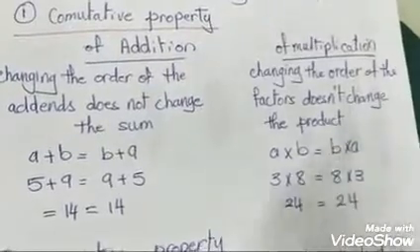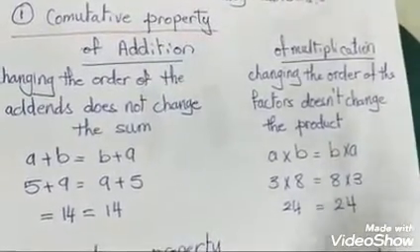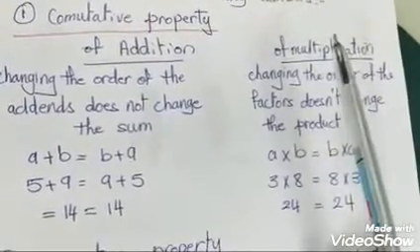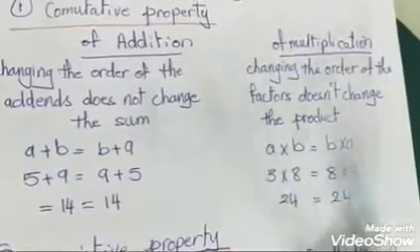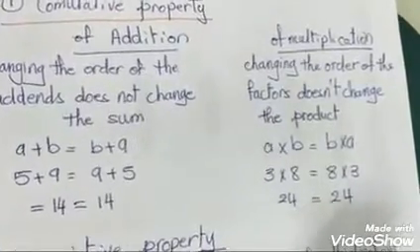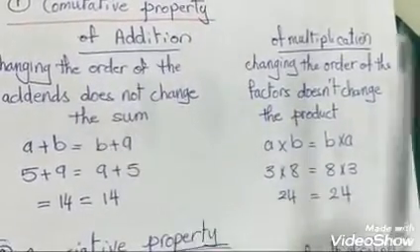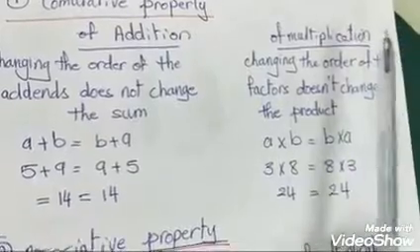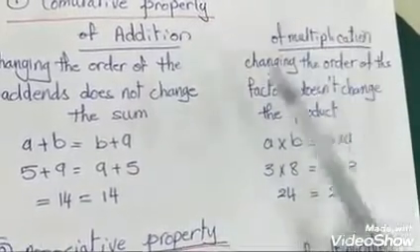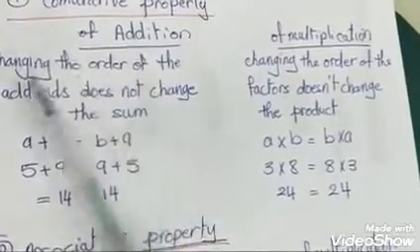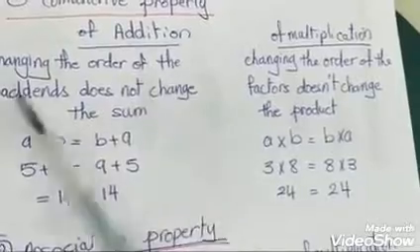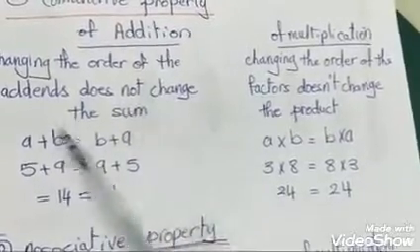Commutative means to change the order of the numbers, so the first is replaced by the second, or vice versa. Changing the order of the addends doesn't change the sum.